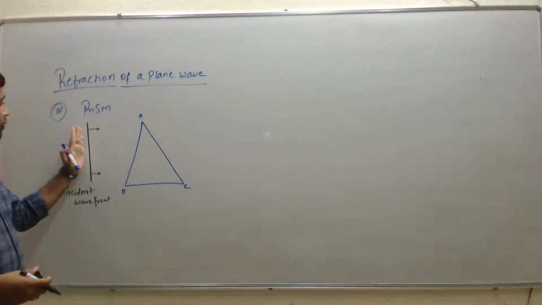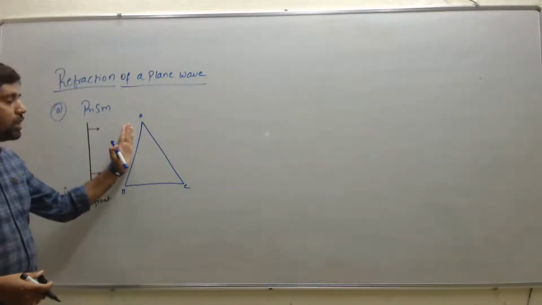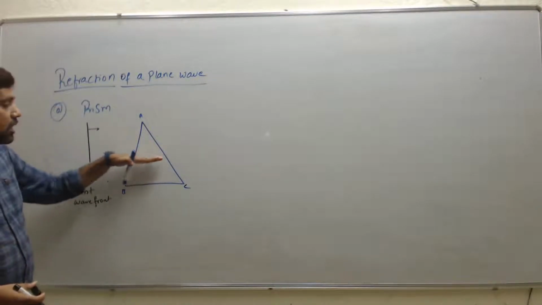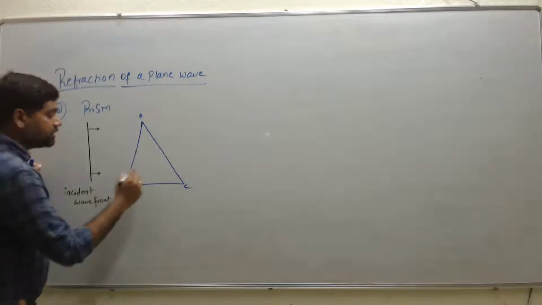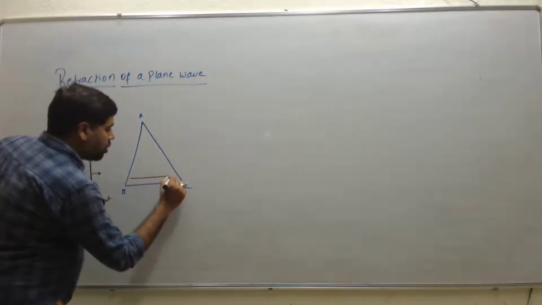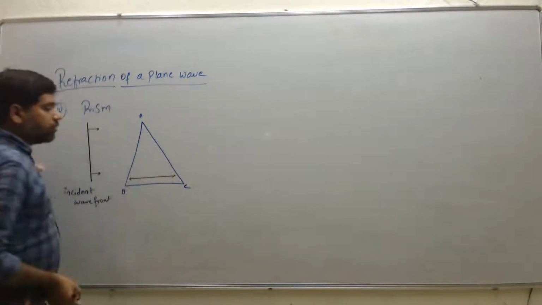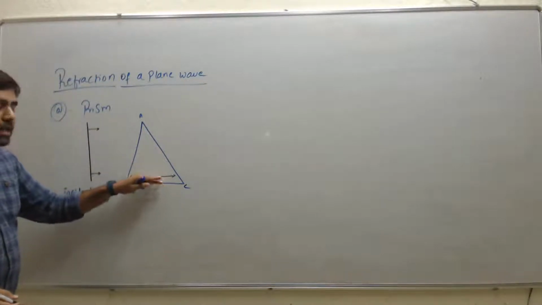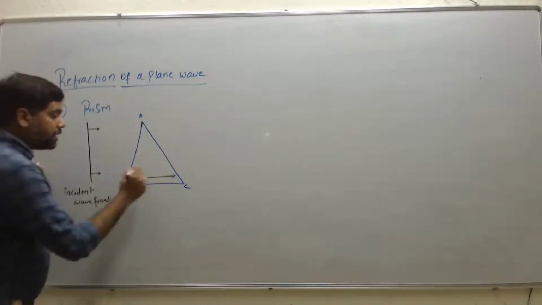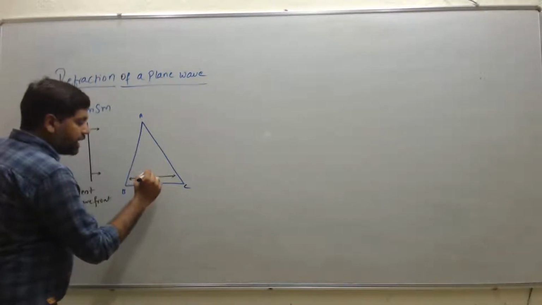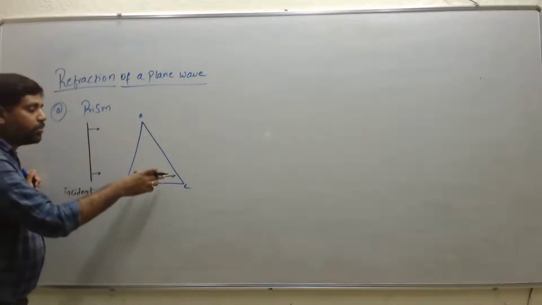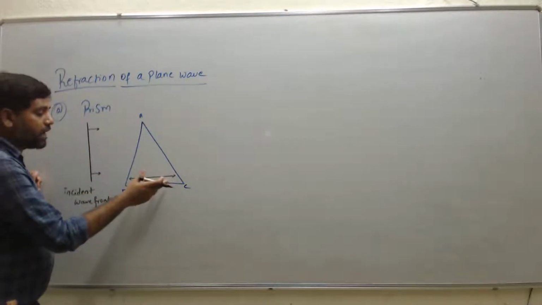As the incident wavefront falls onto the prism, the lower part of the wavefront covers the largest distance. That is, it has to travel a longer distance inside the prism. The prism is made of glass, so it acts as the denser medium, and its velocity is less compared to that of the rarer medium. Here we have 2 conditions.